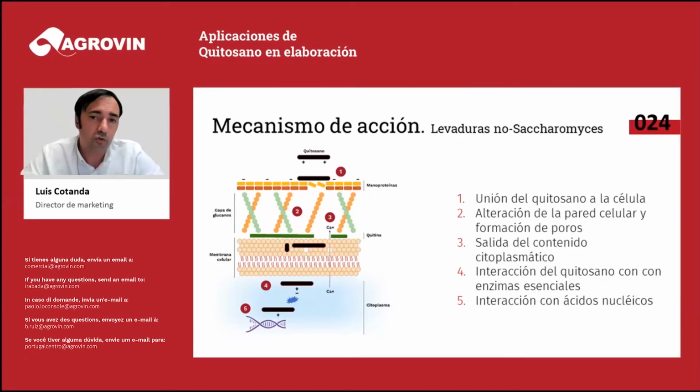Then it generates some pores that modify some essential elements in the cytoplasm, it alters the functioning of some enzymes, and it can even alter the genetic material of the cell.